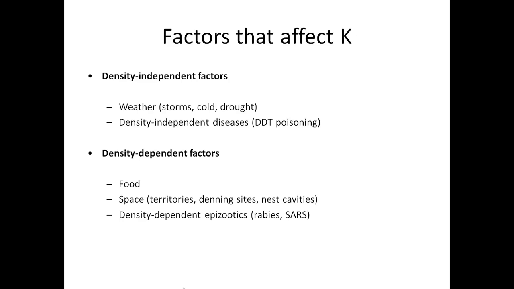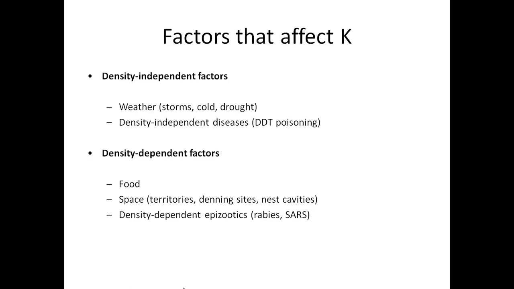We also have density-dependent factors, so the availability of food. So you could imagine that through time, food resources may vary depending on whether it's been a good year for productivity or a bad year for productivity. And that is in turn going to influence how much resource there is available for each individual.